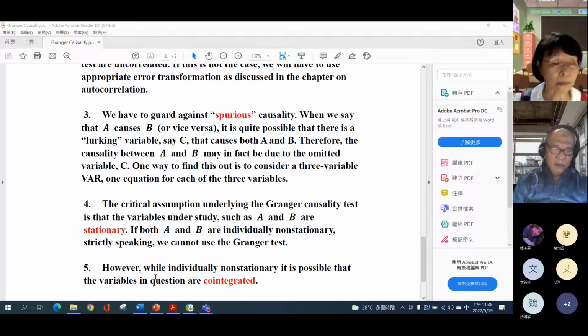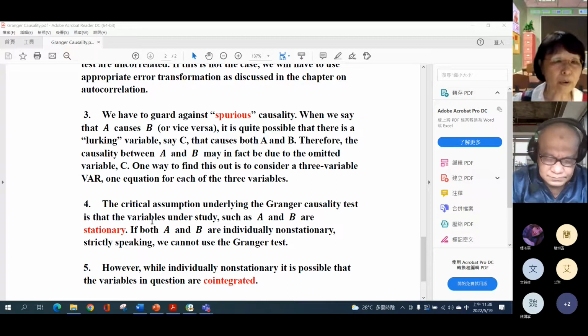But if we find, after we do the test, that those variables under study are not stationary, in other words, non-stationary, then what do we do? We need to know it is possible that the variables in question are cointegrated. Cointegration is also covered in section 12.5.